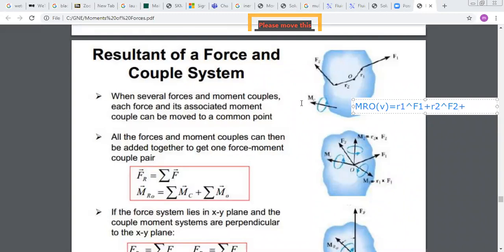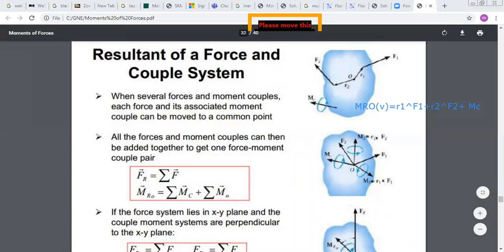Plus the moment couple, because the moment couple, as we said, is a free vector. So even if it's applied at this point, it will have the same effect at O. So I put plus the moment couple. So in general, as a general rule, the resultant moment is equal to the summation of couples plus the summation of moments of forces about point O.